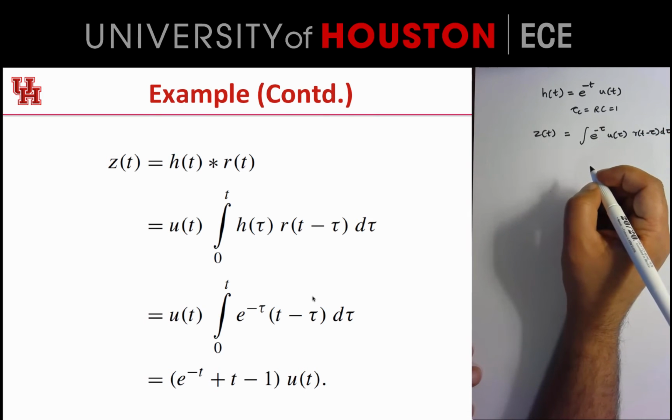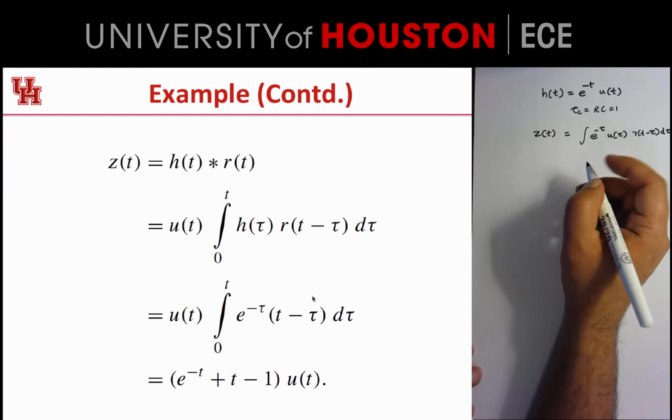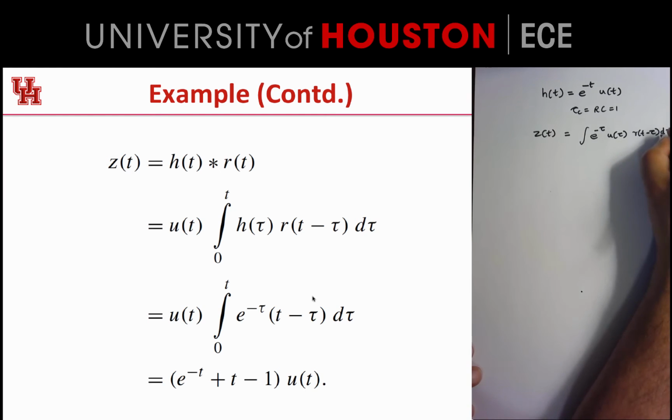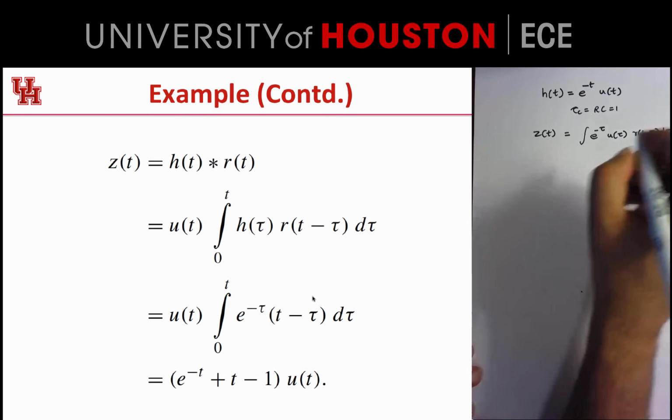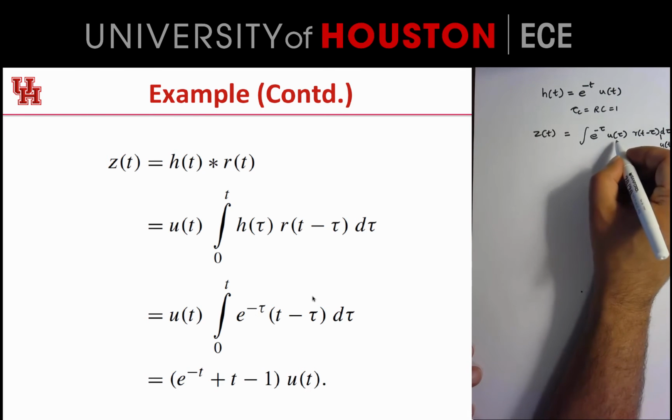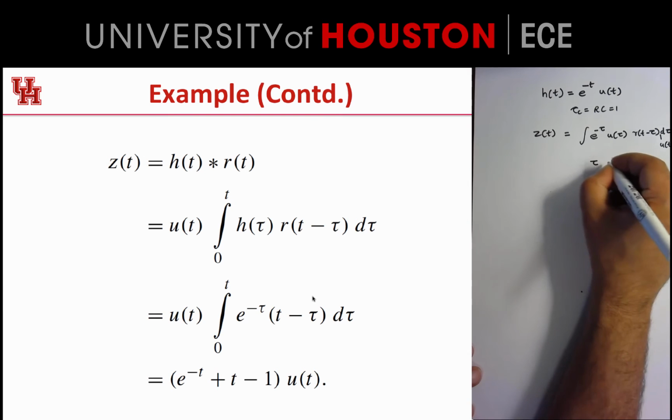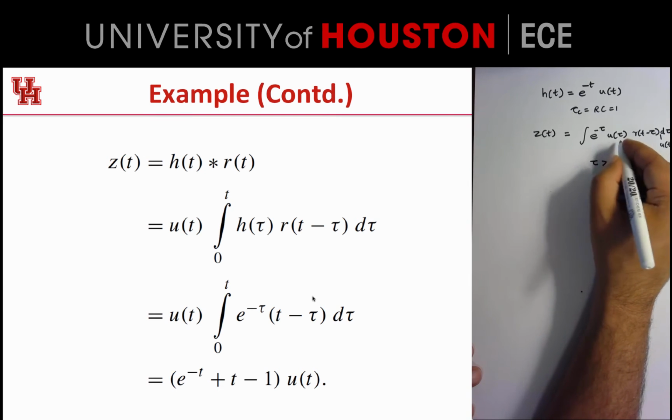So we're going to integrate from, and of course, there is a u of t minus tau there. If you look at this signal here, this is a 1 whenever tau is greater than 0.